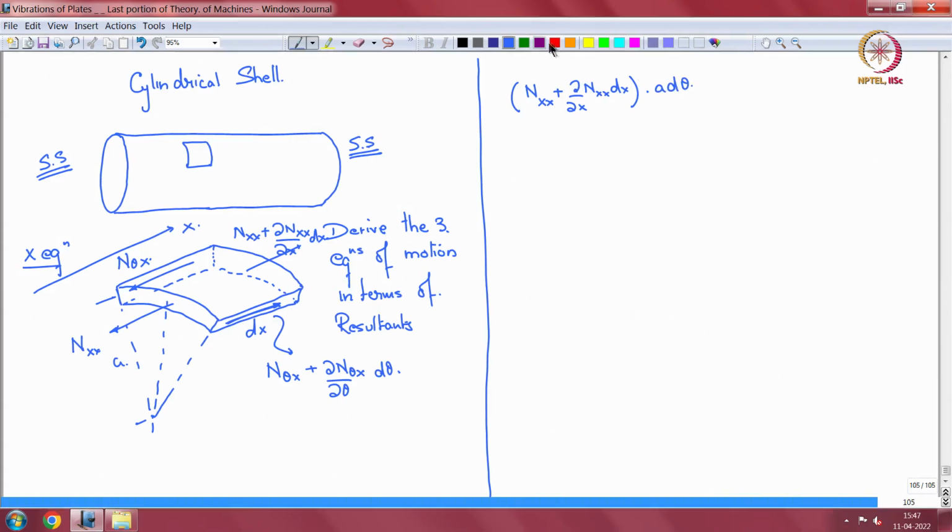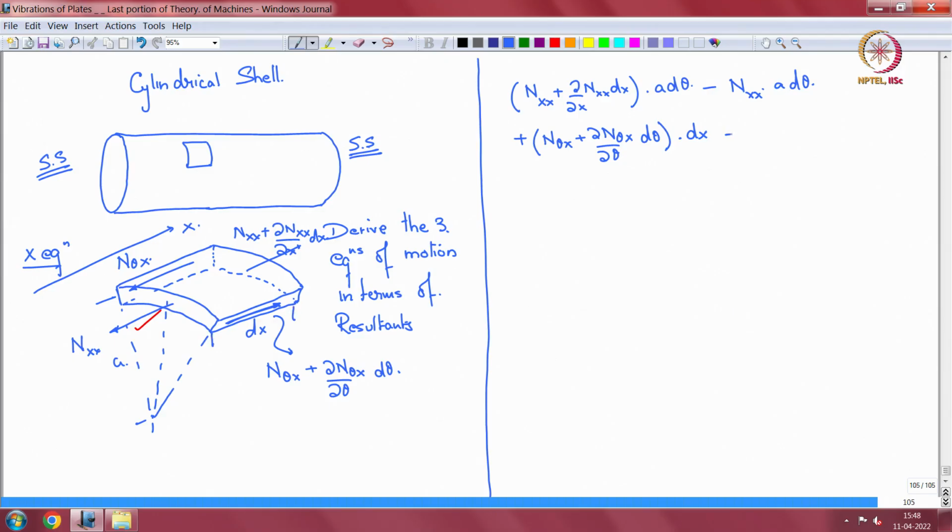Then the force on the negative side, which is minus nxx into a d theta. Then the shear force resultant, plus n theta x plus del n theta x by del theta d theta into dx, to make it a full force dimension.